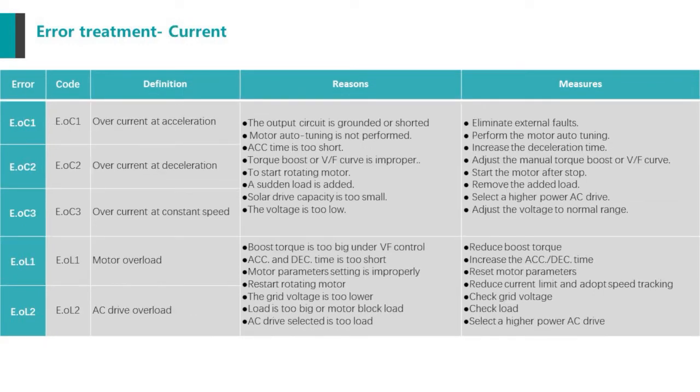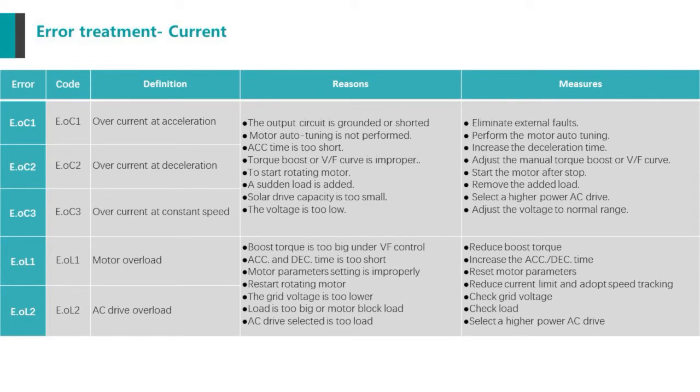The second fault is the current error. There is the overcurrent error, overload on the motor side and overload on the drive side. Usually the overcurrent fault has four main reasons. The first reason could be a current detection problem.